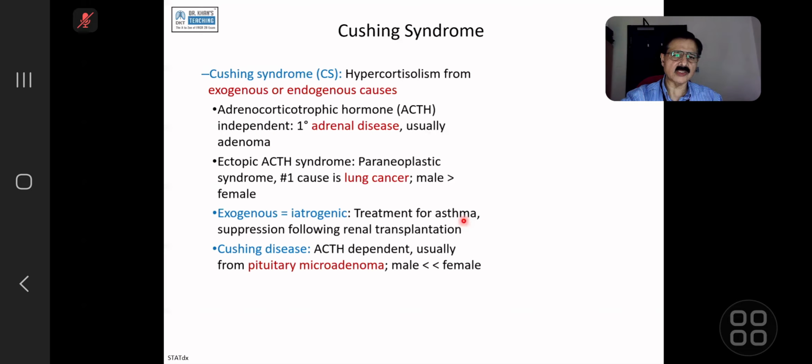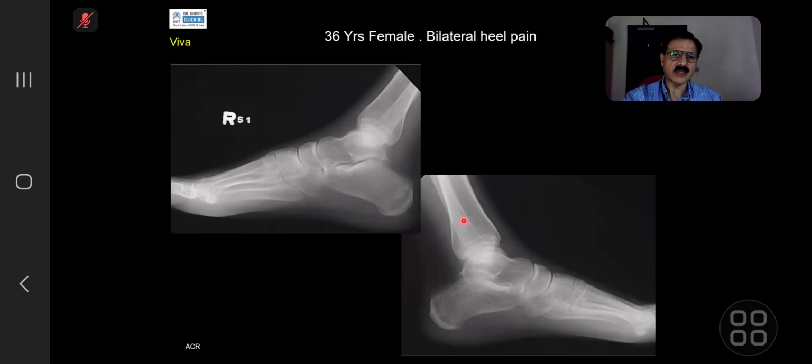So what we will do is, okay, there is another case, candidate 4. This is your last case of the day. This is a 36-year-old and the patient has got bilateral heel pain. Over to you. This is an X-ray of bilateral foot, lateral view.